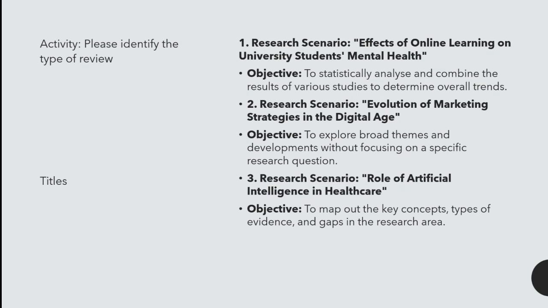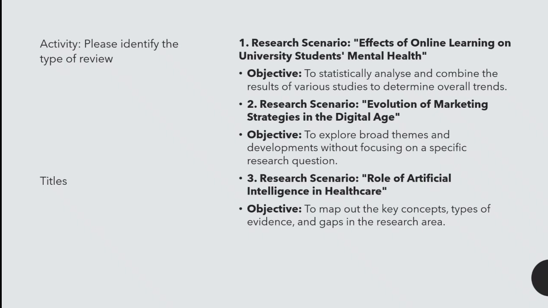So the first research scenario relates to the effects of online learning on university students' mental health. And the objective was to statistically analyze and combine the results of various studies to determine overall trends. So what type of literature review do we have?